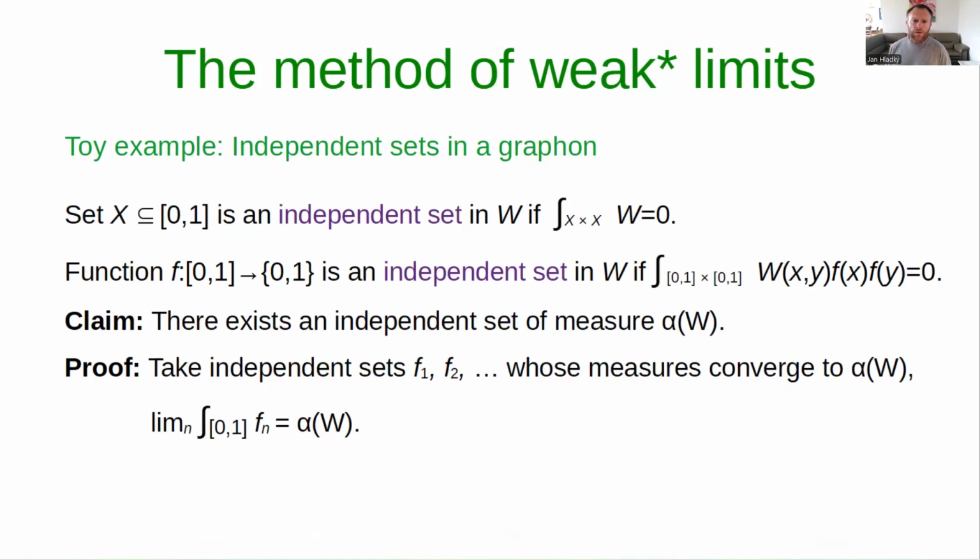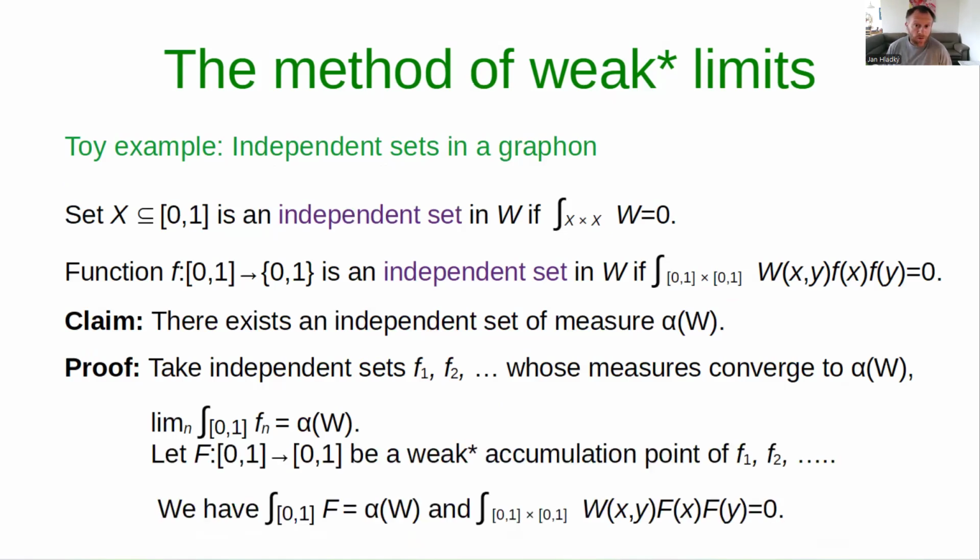Returning to our toy example, we want to prove that an independent set of maximum size exists. So what do we do? We take a sequence of independent sets represented by indicator functions Fn, such that their measures converge to the supremum, which is alpha of W. These independent sets are represented in this functional setting.